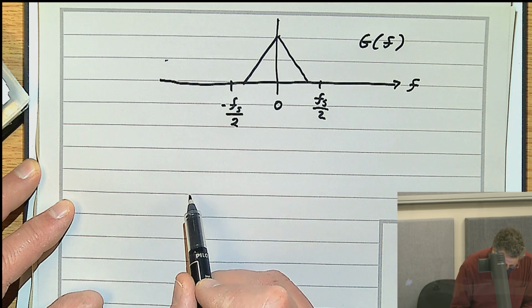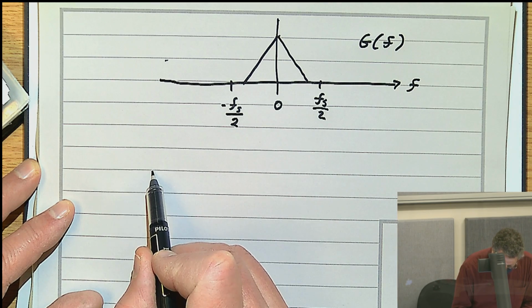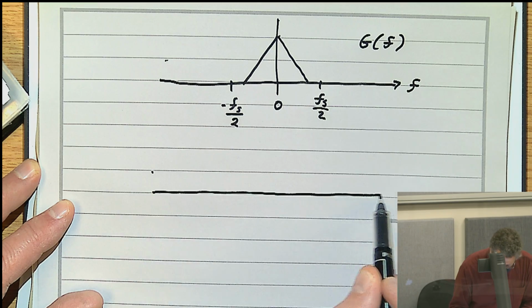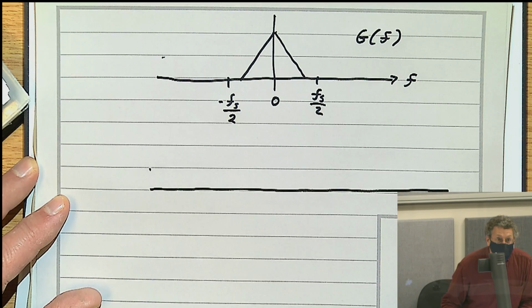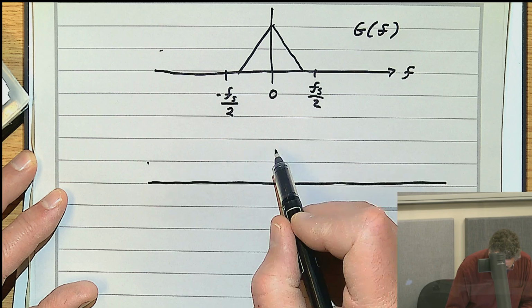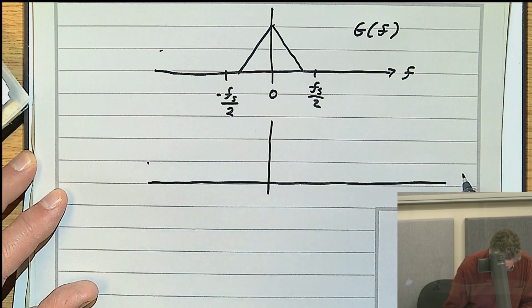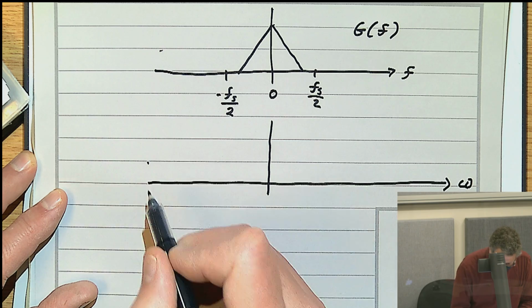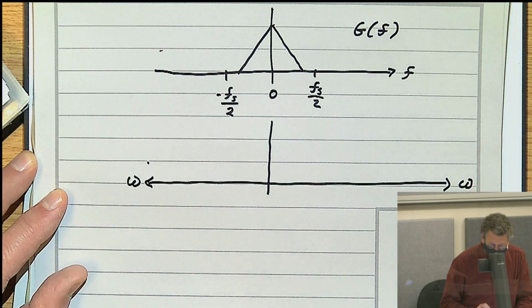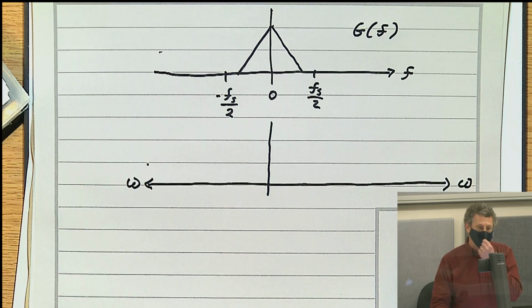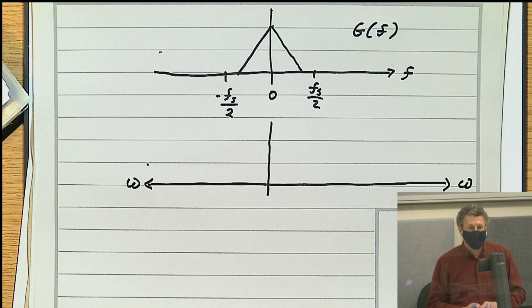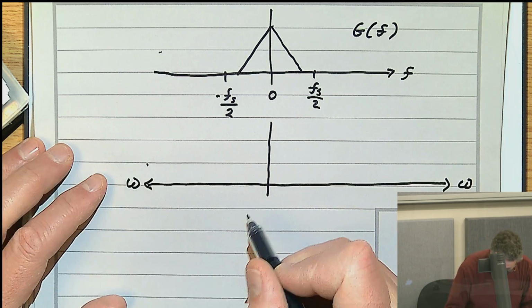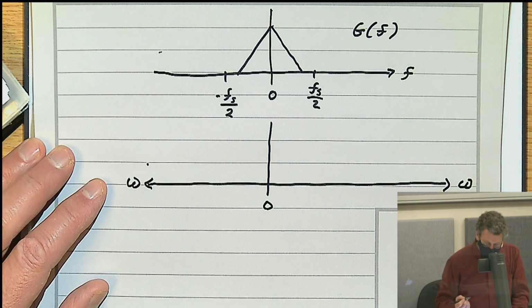Then when we sample it, we get a new signal. And this axis I'll call omega, because by convention I'm sticking to the letter omega as the variable for frequency in discrete time. So this is 0 frequency.